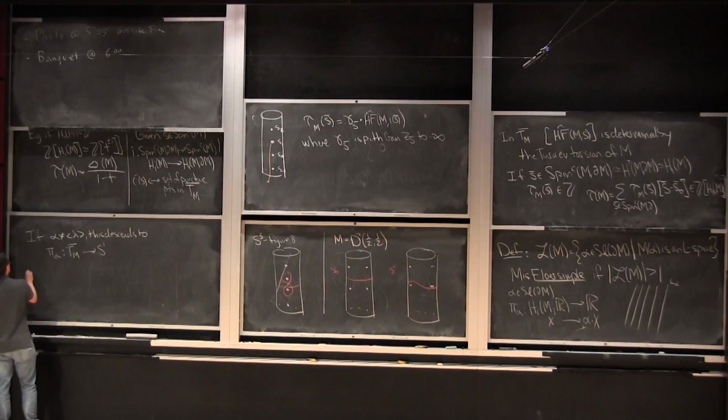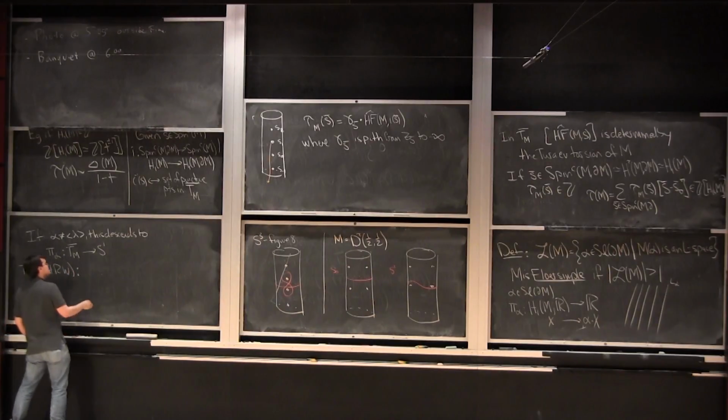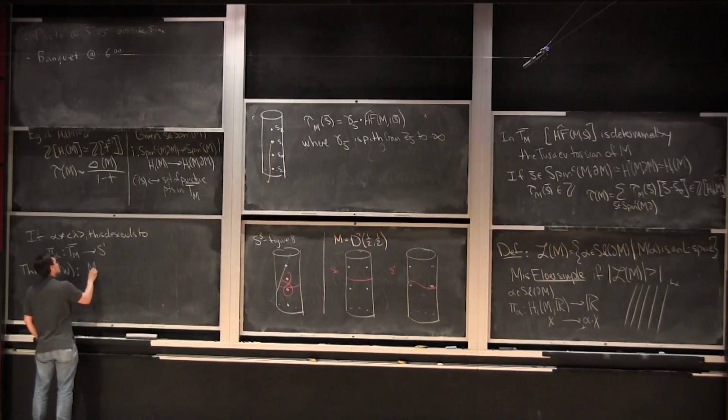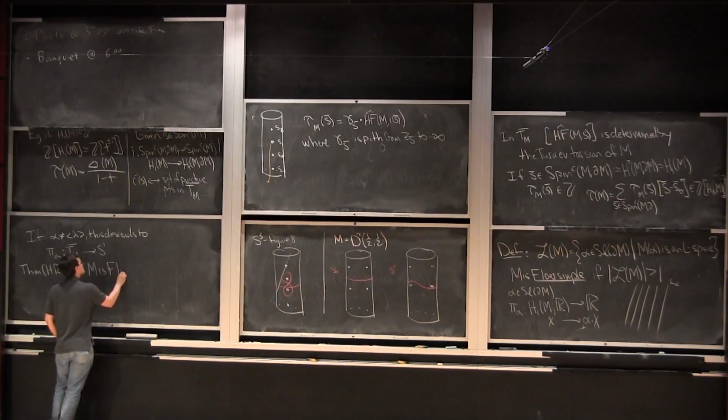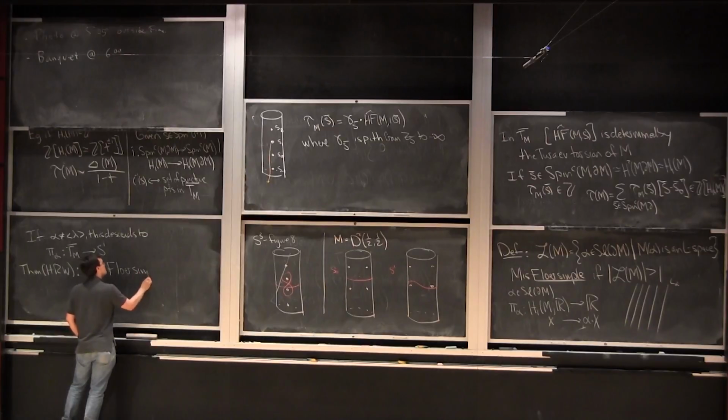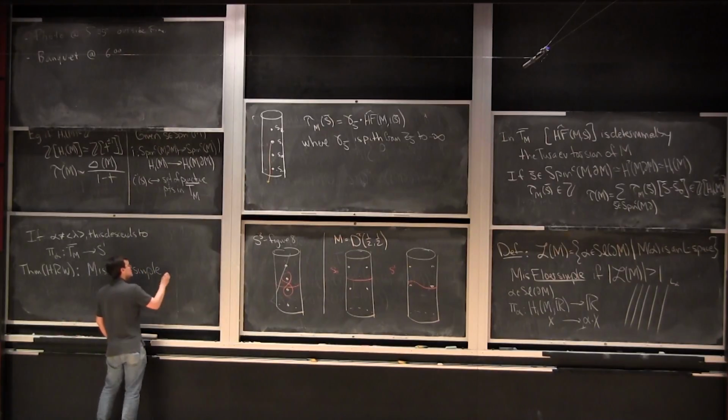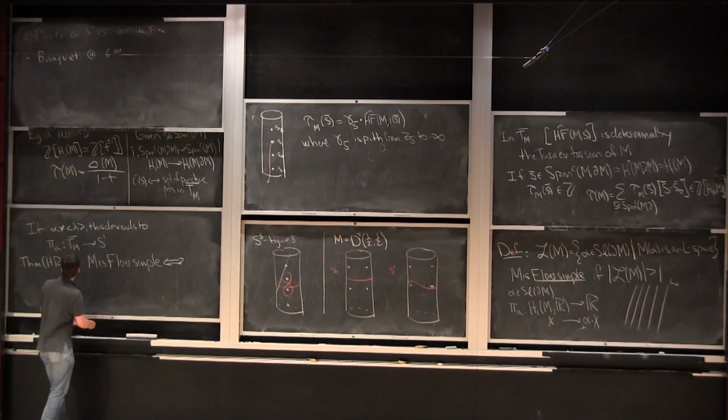So then the theorem is that M is Floer simple if and only if the following condition holds.